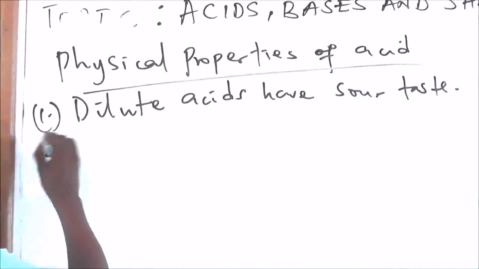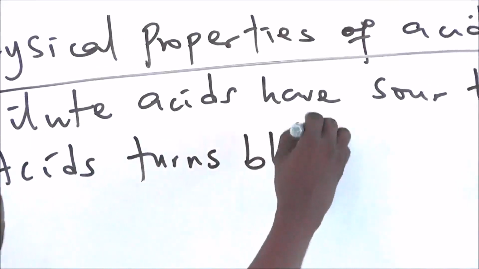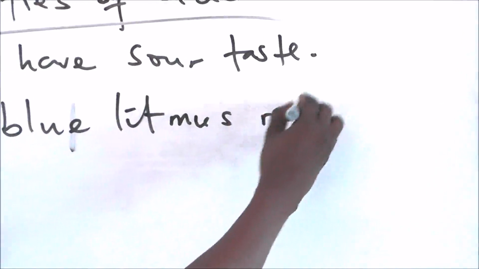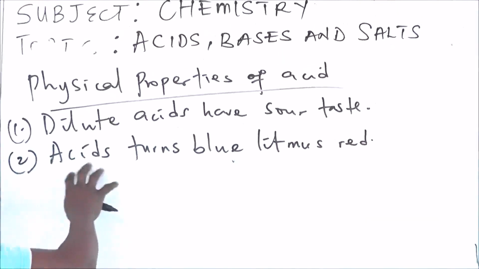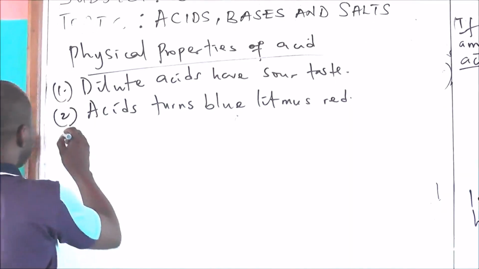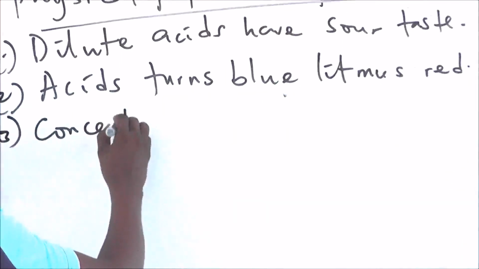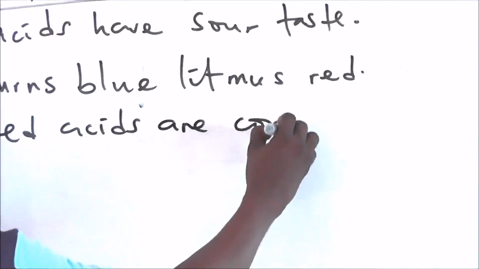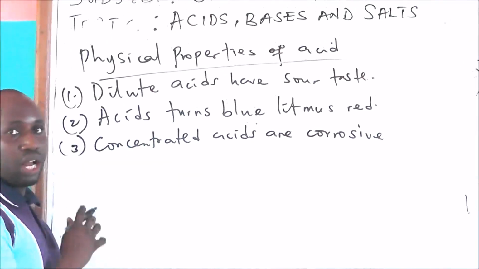Number 2, acid turns blue litmus red. If you dip a blue litmus paper inside an acid solution, it turns red. Number 3, concentrated acids are corrosive. So these are the physical properties of acids.